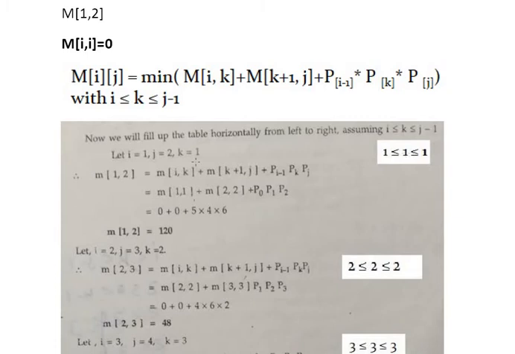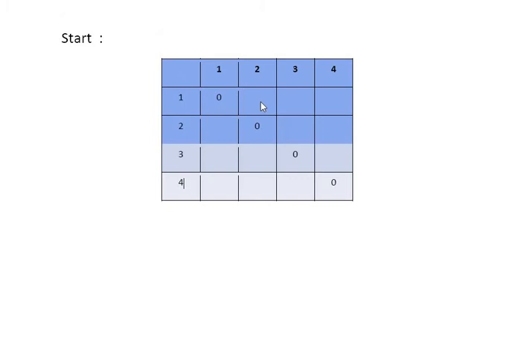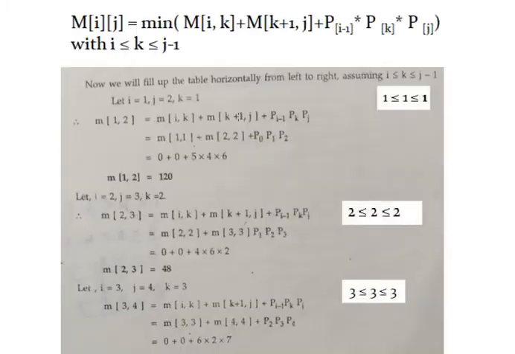Now you have put this value in this equation, and now the m of i j, m of 1 2, you have seen that here because of the table this value is m of 1 2. First you find, and then after that minimum m of i k plus m of k plus 1 comma j plus p of i minus 1, p of k and p of j. This is the condition.